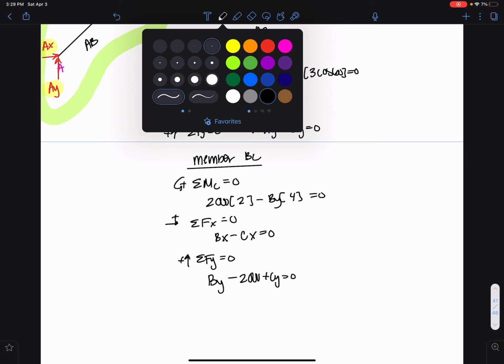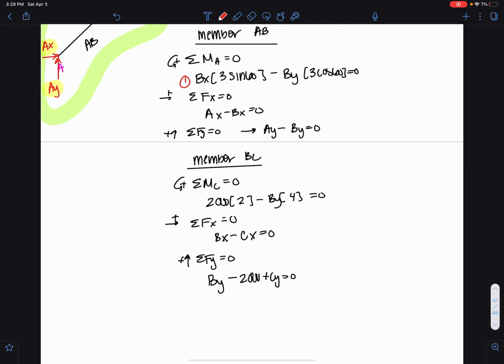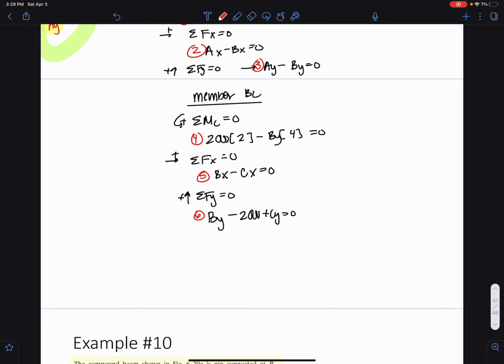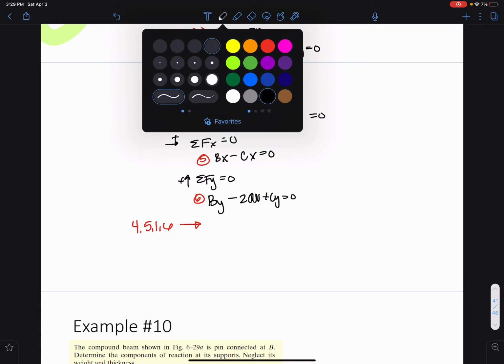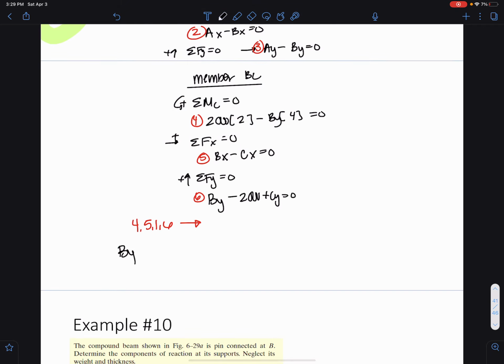Okay, now let's go through. I have 1 equation, 2, 3, 4, 5, 6. 6 equations and 6 unknowns. So what I'm going to do, I'm going to go 4, 1, 5, and 6. A lot of these are pretty simple, like Ay equals By. So if you go 4, 5, 1, and 6 and combine all of these, you will get By equals 1,000 newtons.